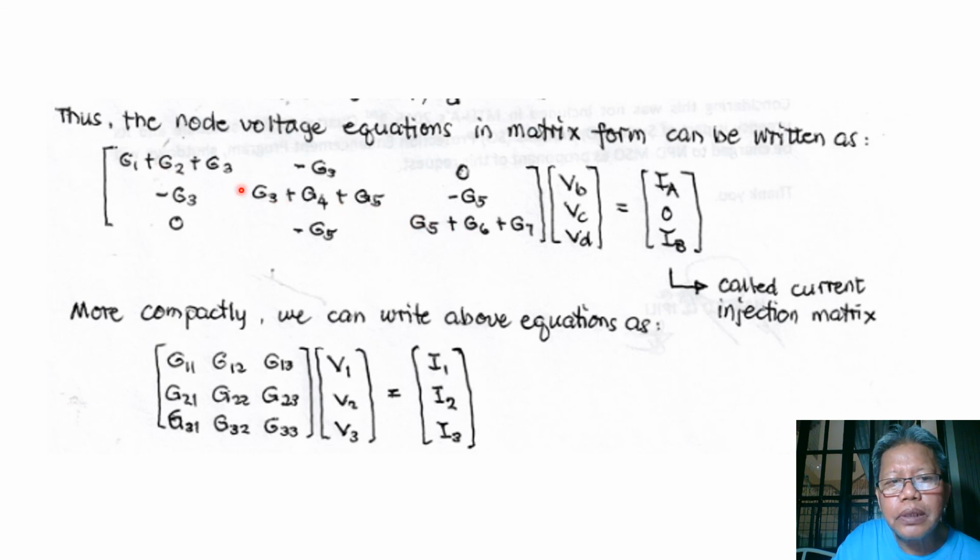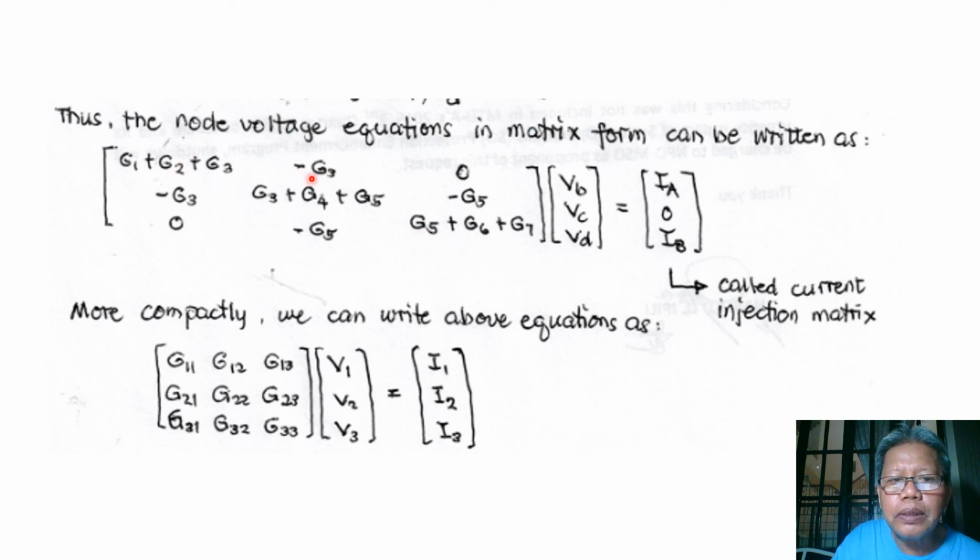These are what we call the diagonal elements, G11, G22, G33, and these are different values. But we notice that the off-diagonal elements are symmetric with respect to the diagonal.